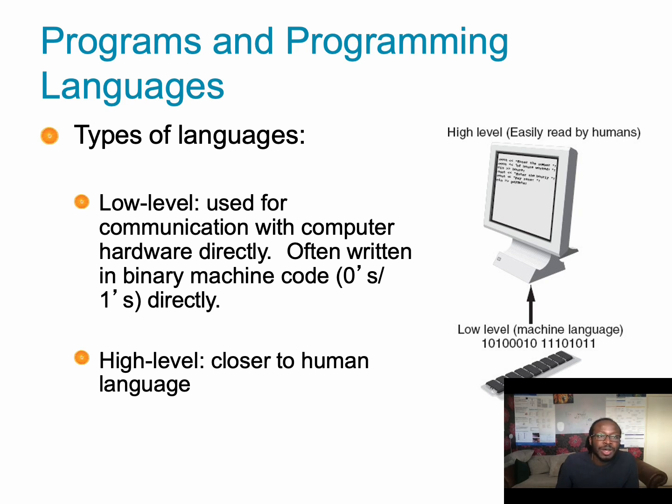Basically instead of doing things in ones and zeros, we make use of programming languages to make life easier. So in terms of programming languages, we have different types. We have talked about high-level programming language. We've given an example of the low-level ones as well, like the assembly language.